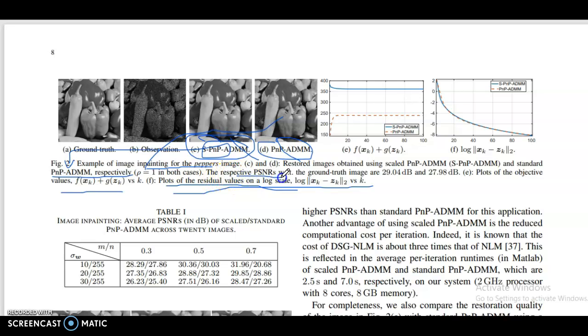The respective BSNR values with respect to the ground truth image are 29.04 dB and 27.98 dB.